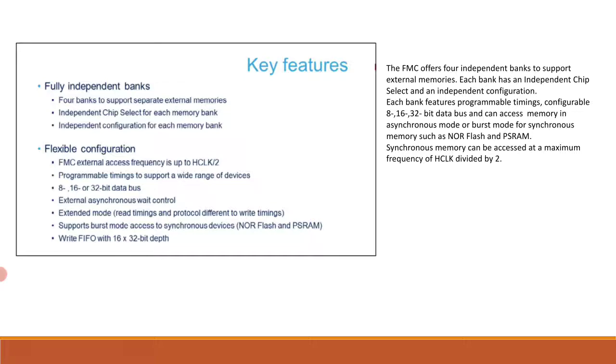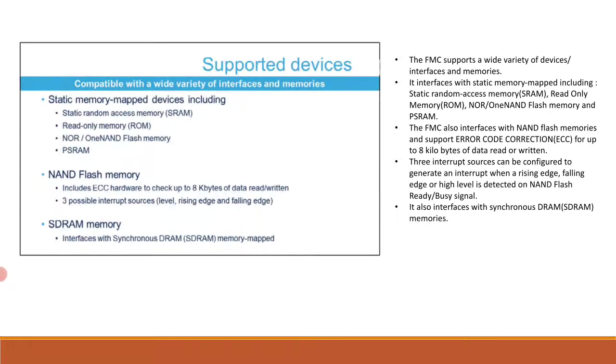So FMC supports a wide variety of devices, interfaces, and memories. It interfaces with static memory-mapped devices including static RAM, SRAM, read-only memory, ROM, NOR or one-NAND flash memory, and PSRAM. The FMC also interfaces with NAND flash memories and supports ECC, that is error code correction, for up to 8 kilobytes of data read or written. 3 interrupt sources can be configured to generate an interrupt when a rising edge, falling edge, or high level is detected on the NAND flash ready or busy signal.